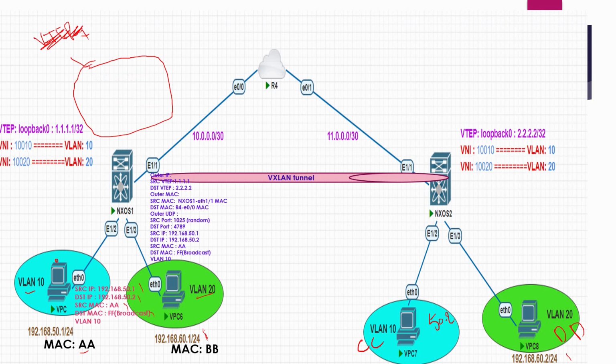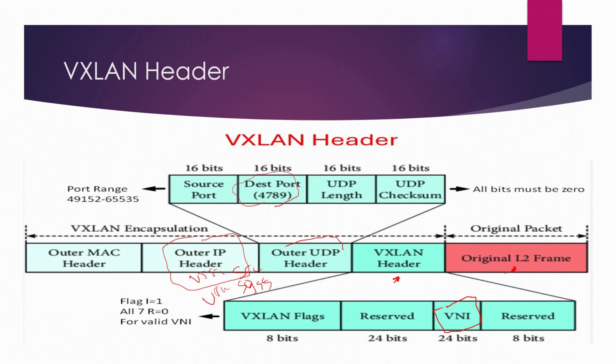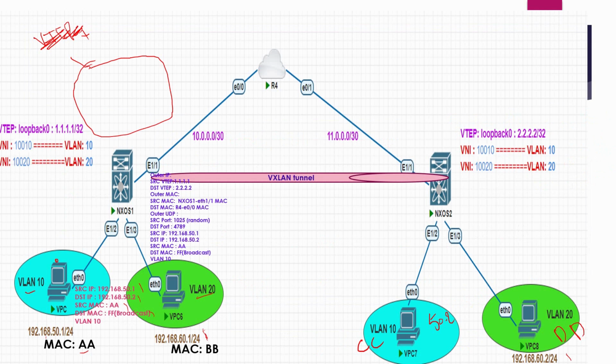If we go back to the frame here, we need to add the VXLAN header, outer UDP, outer IP header, and outer MAC header. So if we go in order, let me erase this. Okay, good.